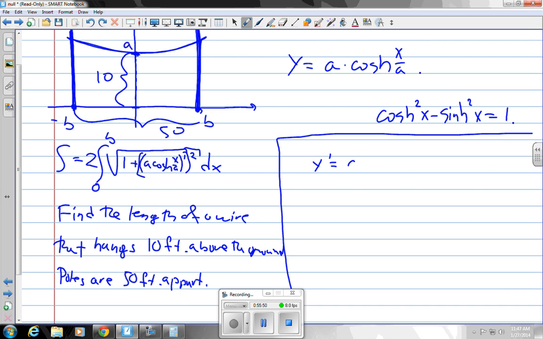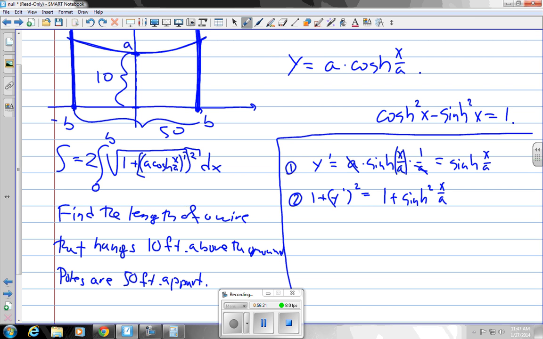Yeah, so it's a times the hyperbolic sine of x over a, but then times, by the chain rule, the derivative of x over a, which is 1 over a. So the a's go away. So it's hyperbolic sine of x over a. So when you look at 1 plus y prime squared, that becomes 1 plus the hyperbolic sine squared, right?